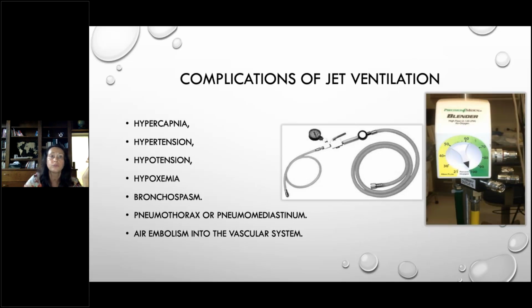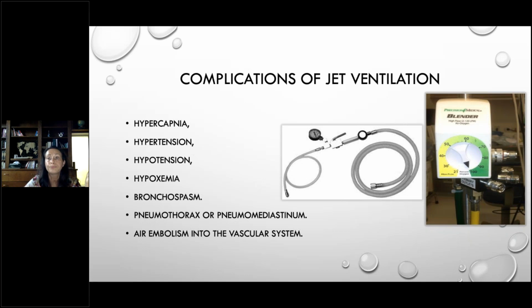The complications of jet ventilation are hypercapnia because the CO2 is not adequately removed. Hypertension if the CO2 is retained and the patients become hypercapnic and acidotic. Hypotension in the extreme cases. Hypoxemia if we're not delivering adequate oxygenation all the way to the bronchioli.